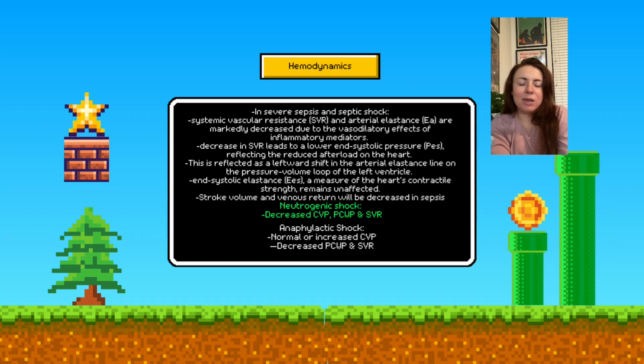And then I've just included in here neurogenic shock, just because the hemodynamics are a little bit different when it comes to neurogenic shock and anaphylactic shock. Primarily with anaphylactic shock, the CVP will be normal or increased. And that's just due to how the body is affected by anaphylaxis versus sepsis or neurogenic shock.